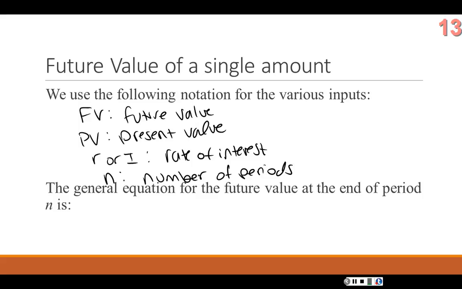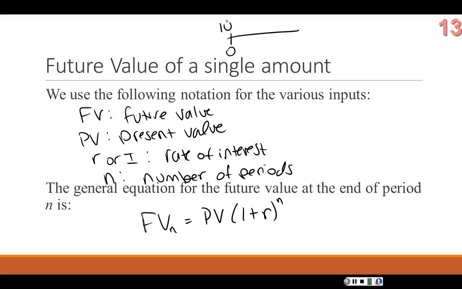So the general equation then, the future value at time period N is equal to the present value times 1 plus the stated rate raised to the nth power, which is what we just did. So Fred had placed $100 at time period 0, so we'll put in our timeline.